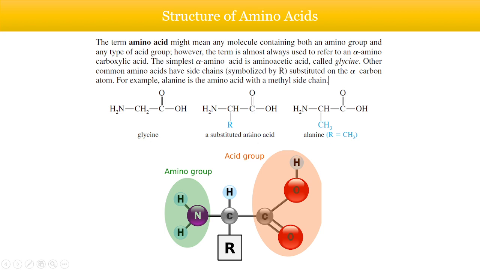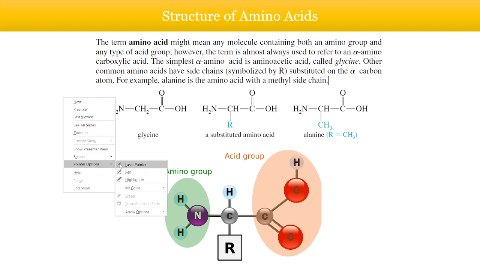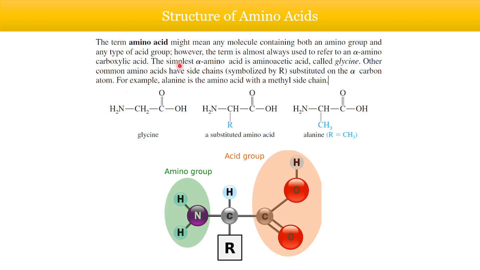So, amino acids and the structure of amino acids. The term amino acid might mean any molecule which contains an amino group and any type of acid group. However, it mostly refers to an alpha amino acid with a carboxylic acid. The simplest amino acid known to us is amino acetic acid, which is glycine, where the R group is hydrogen.